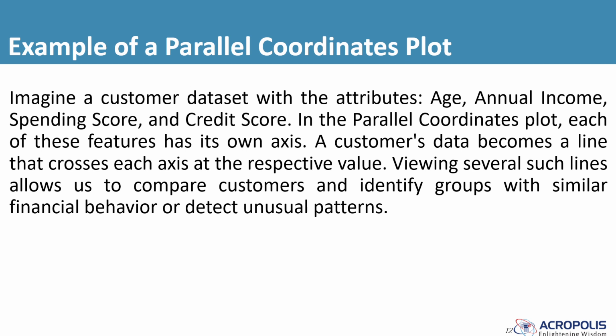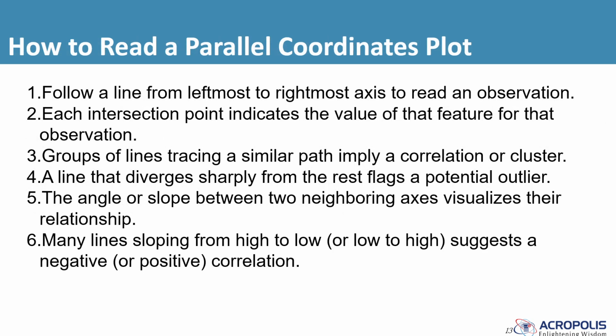The basic example of a parallel coordinate plot: just imagine we have a data set with attributes like age, annual income, spending score, and credit card score, and in the parallel coordinates, each of these gets its own axis.